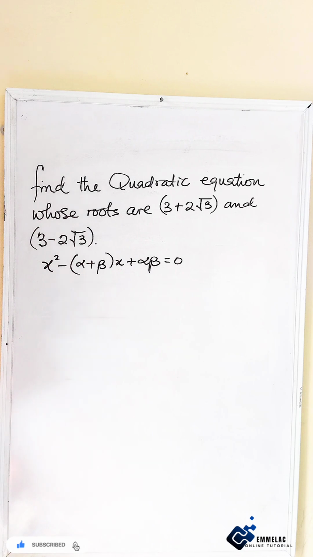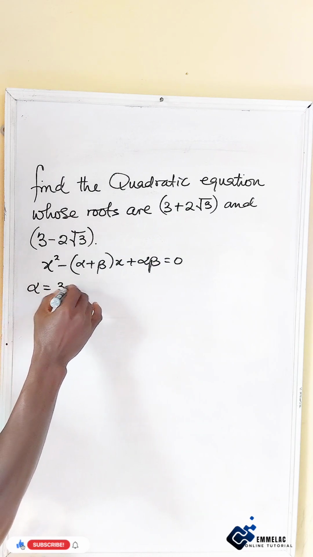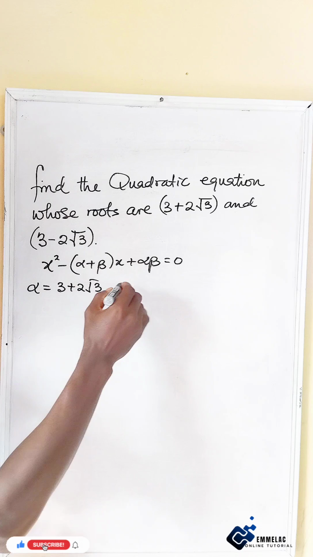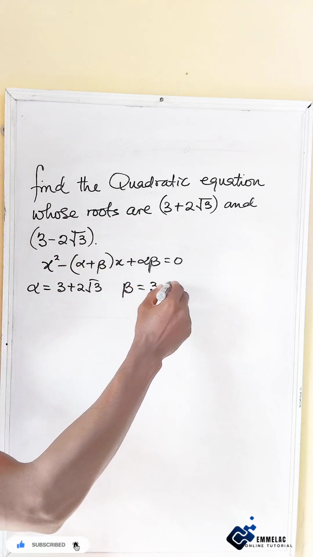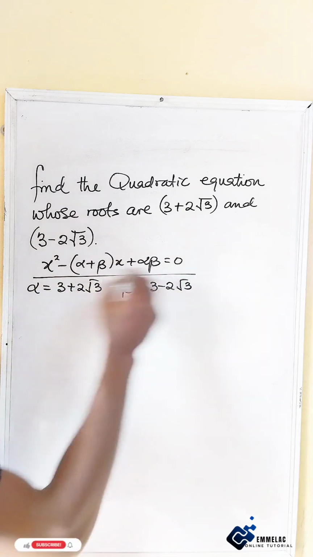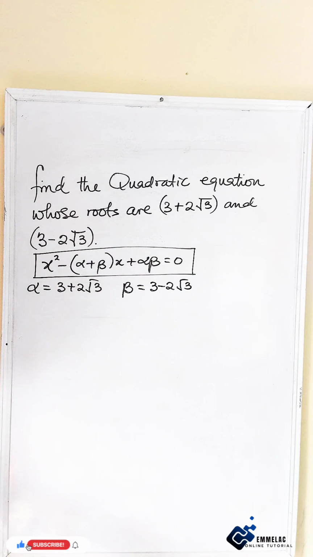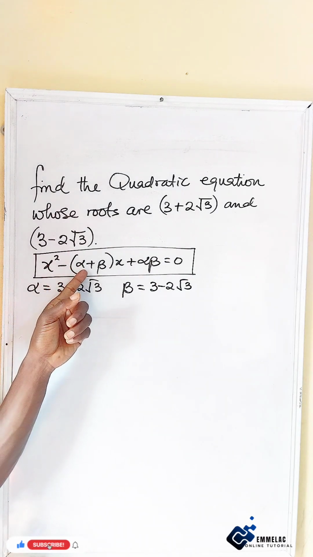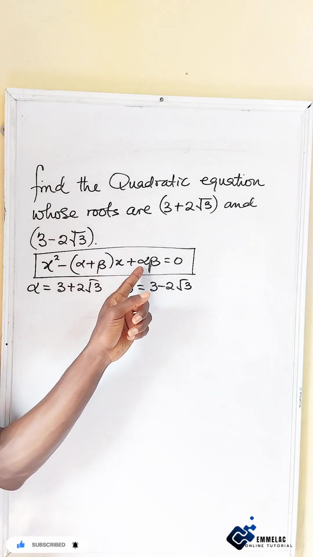Now we will look at this. Let us take alpha to be 3 plus 2 root 3, and beta to be 3 minus 2 root 3. Now from this general quadratic equation, first of all, let us find the sum, and also find the product.